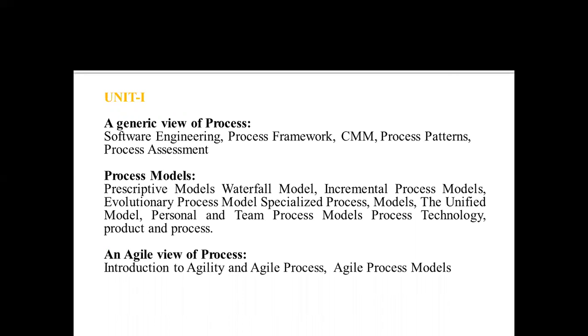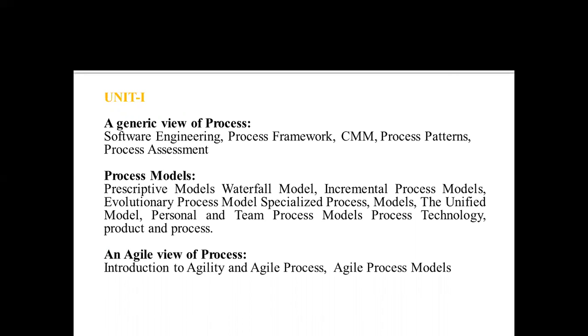Now coming on to the next slide, within this software engineering course, the first unit is going to have three different chapters. Within the first chapter, you're going to study a generic view of a process. Process here means the different tasks that you're following, or the order of the tasks that you're following.